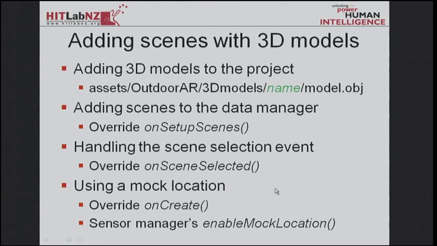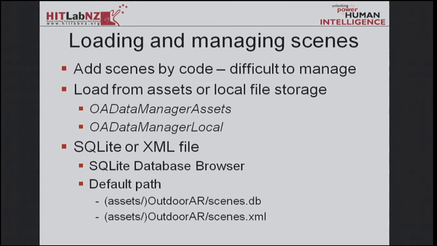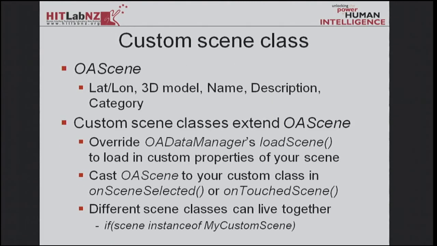Also, you can use some of the functions we have in our libraries, which let you mark your location at certain places so that you can test your application as well. You can describe the scene by code, or using an SQLite database file or XML. So you can easily change your scenes without changing your code.